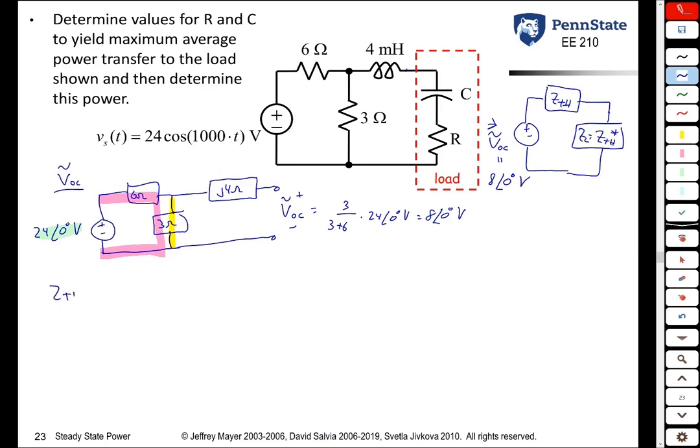To find Z Thevenin, we basically set the voltage source equal to 0 and then find the Thevenin impedance looking into those terminals.